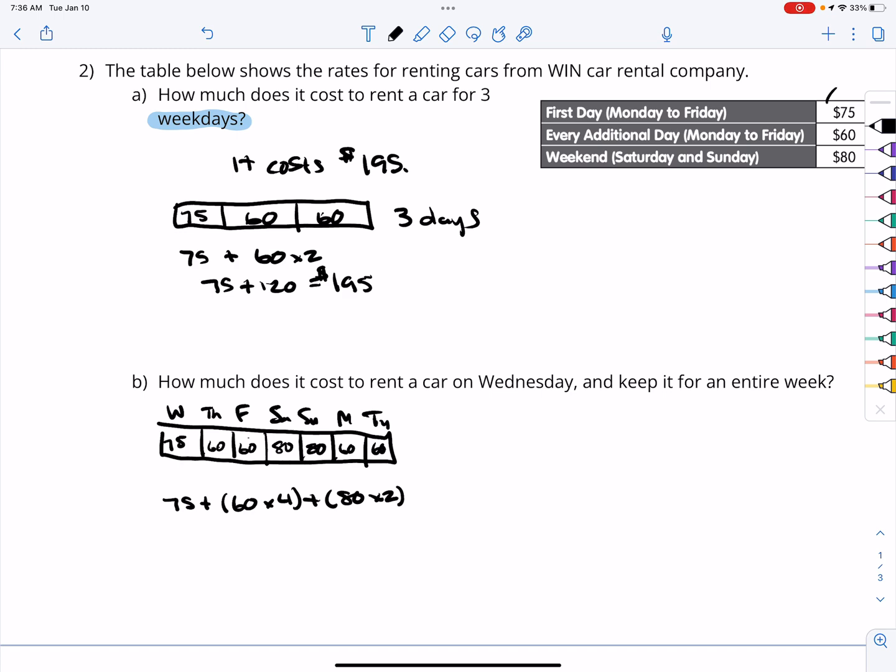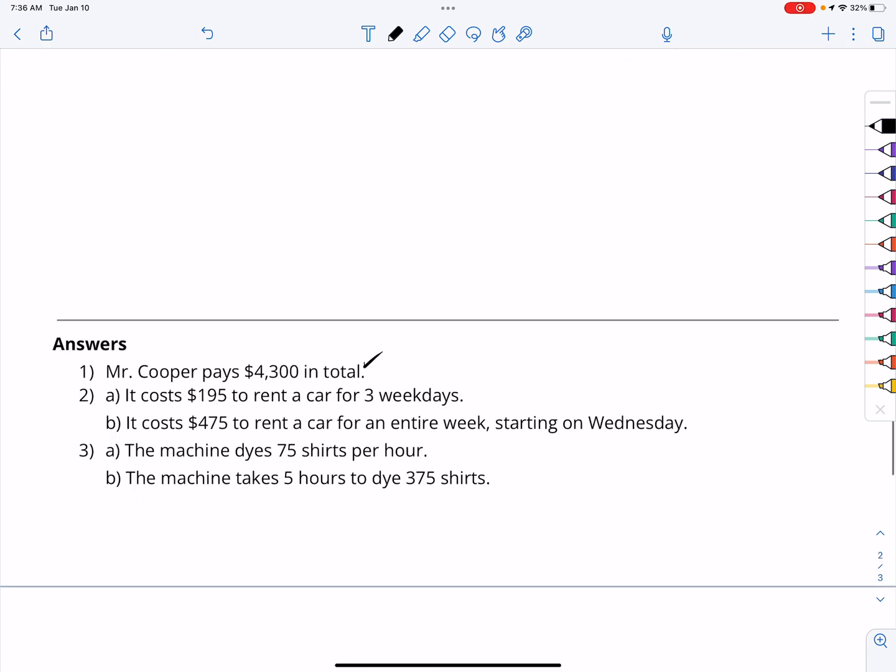We know order of operations, so let's do it. 75 plus 60 times 4 is 240, plus 80 times 2 is 160. So I'm going to combine these two because it's going to be 400. I know 60 plus 40 is 100 plus the rest of that. So 75 plus 400 is 475. So it will cost $475.